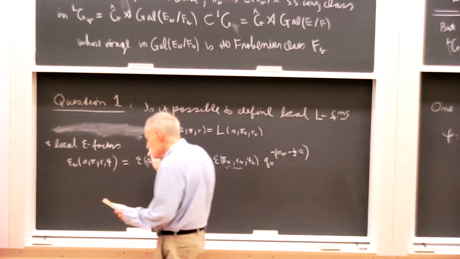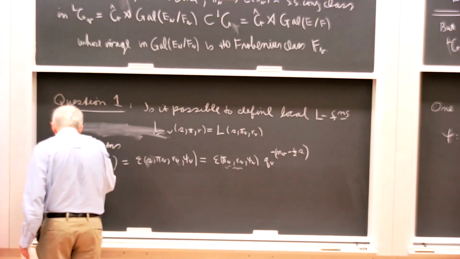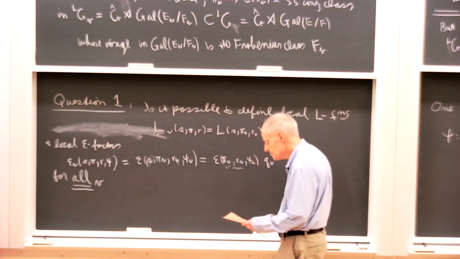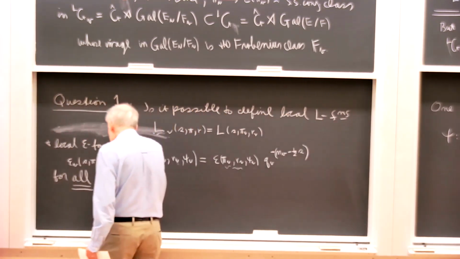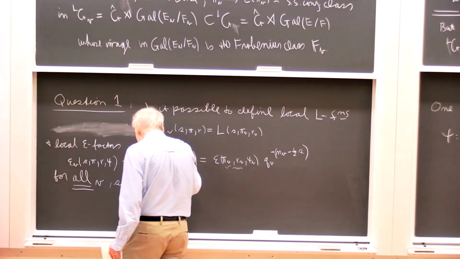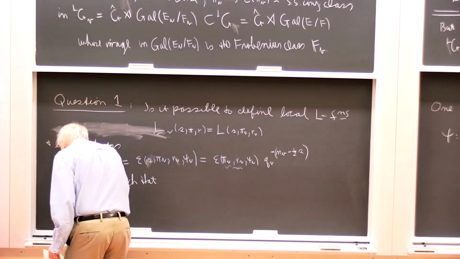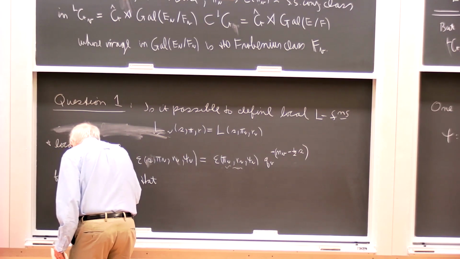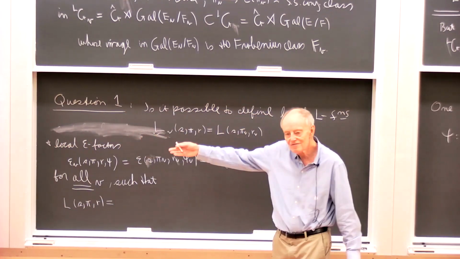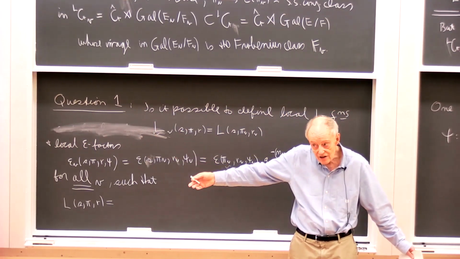And so the point is, this would be for all v, such that the full global L function, L(s, π, r) — remember this finite set of valuations S includes the Archimedean valuations.